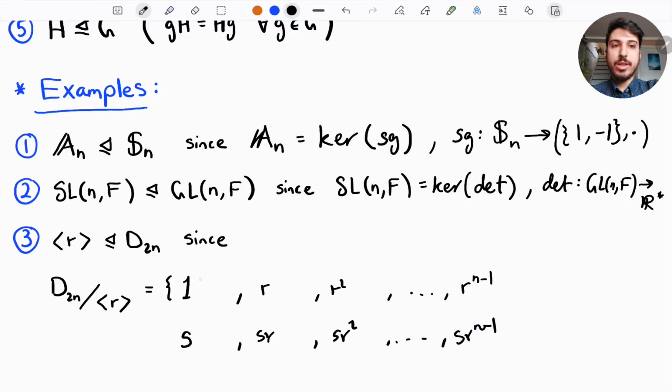And each element is multiplied by the entire subgroup generated by R.